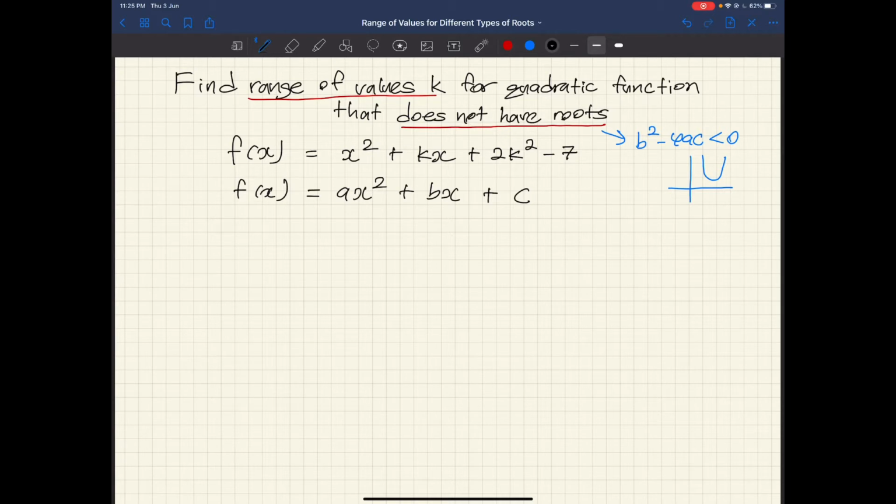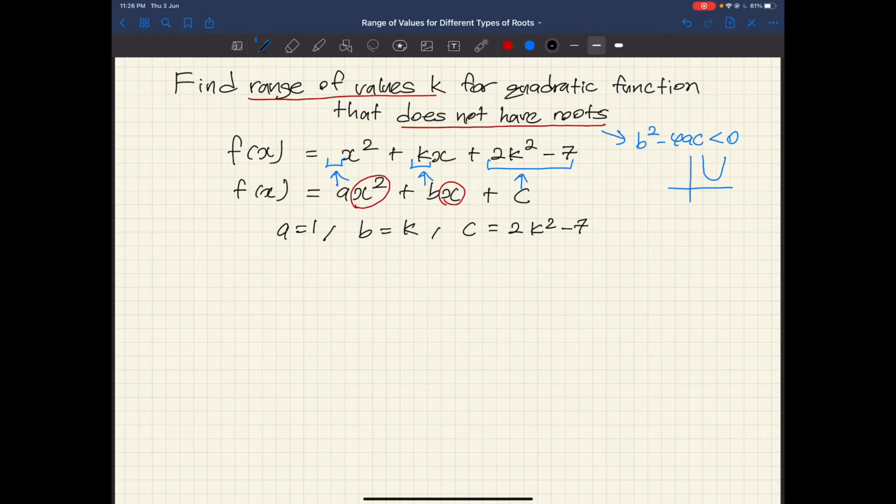My a is 1, my b is k, and my c is entirely everything else, 2k squared minus 7.